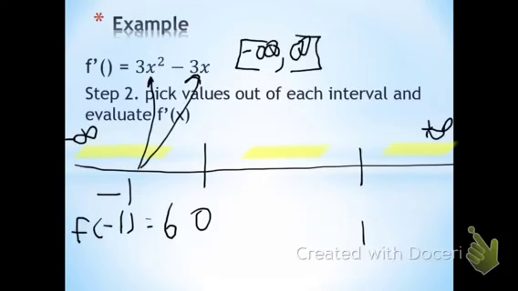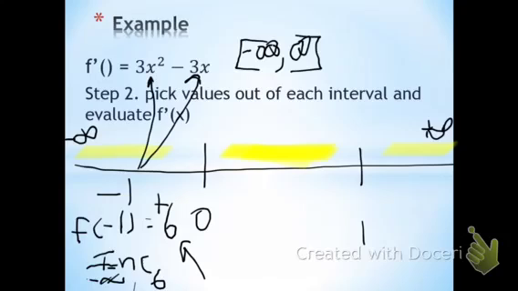Well, guess what? This function is increasing from negative infinity to 0. What I know is that's a positive slope. That's a positive 6. It's increasing.